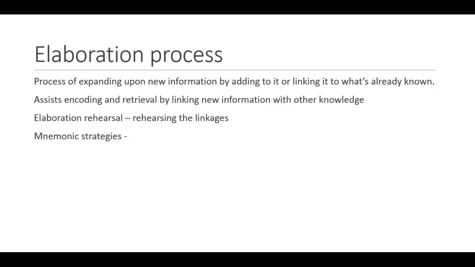So the elaboration process, remember, elaboration and organization and schemas are three ways that help us to better process information between working and long-term memory. The elaboration process expands new information by adding to it or linking it to what's already known. So it assists in coding and retrieval by linking new information with other knowledge.